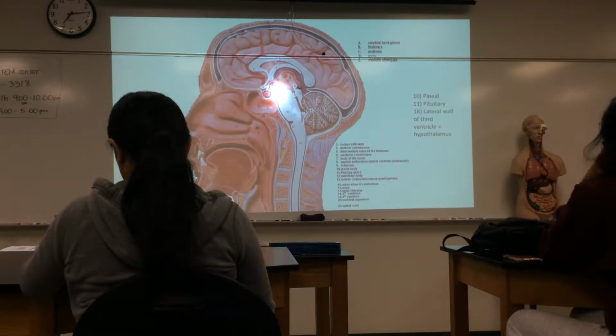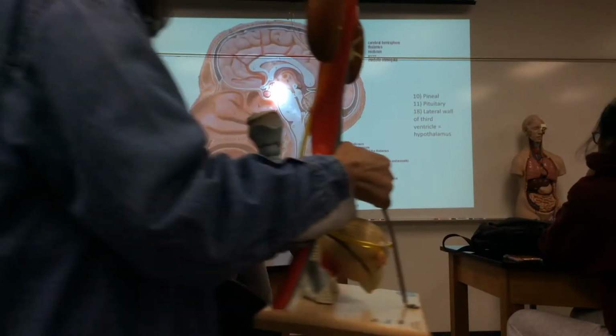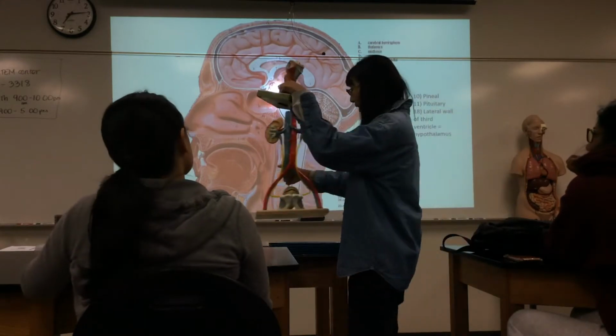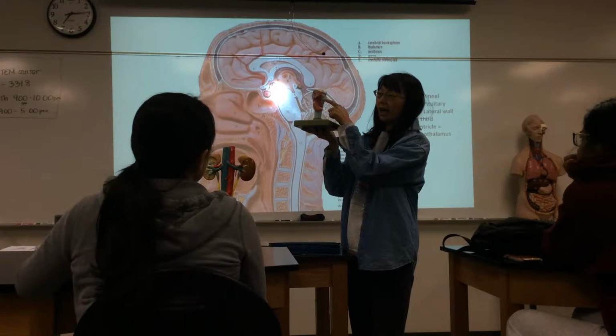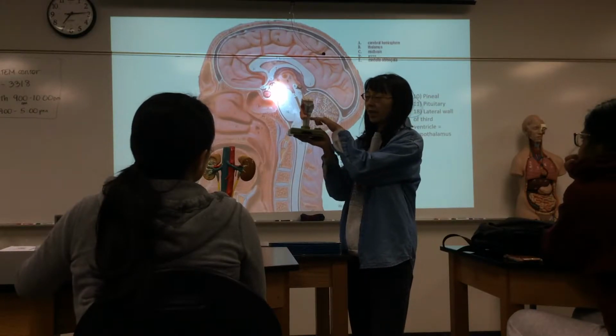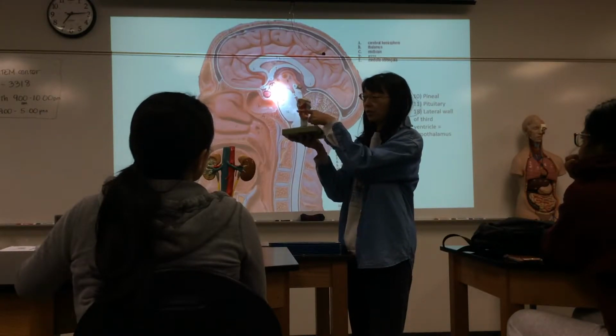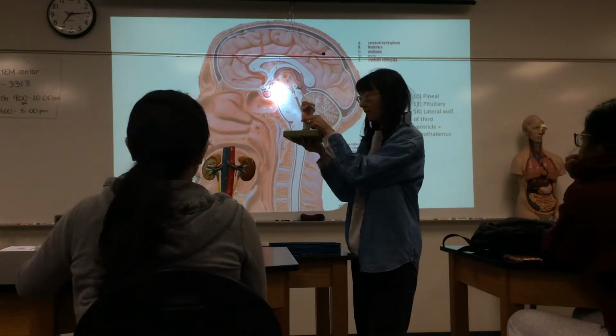So oftentimes, when you see kidney, okay, so here's the thyroid gland below the thyroid cartilage. Okay, and it's on both sides. This side I just took the gland off, but just know it's symmetrical. Okay, symmetrical.